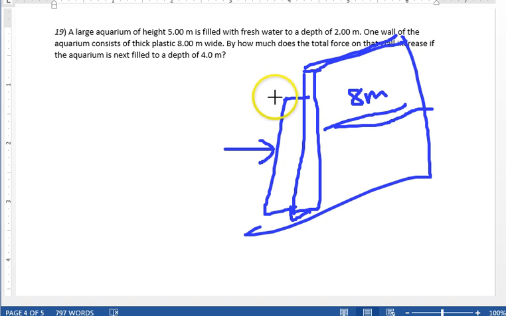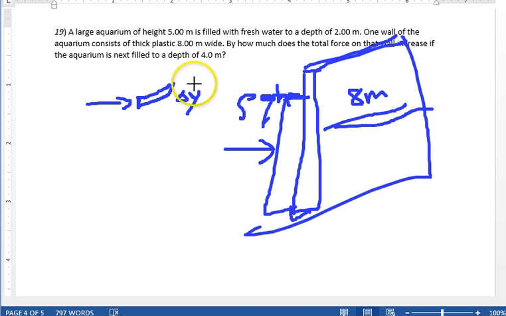So here's the question. What's the pressure in the water? Pressure in the water is rho g h. That's the pressure. So if you think about the pressure against the side, we'll take a little thin slice of the wall, delta y. So delta y times its width is the area, and so the force is the pressure times delta y times its width.